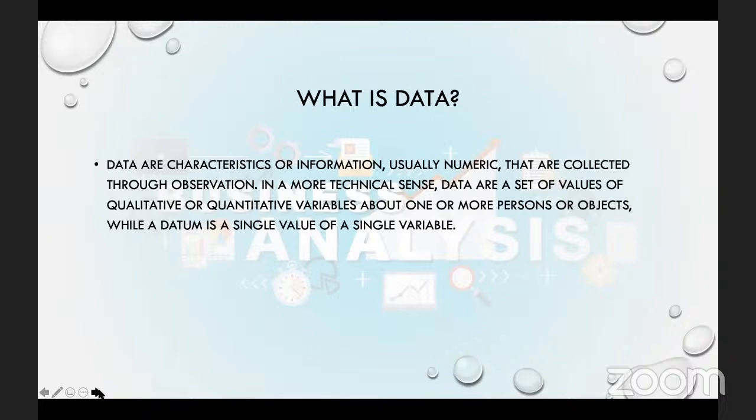Kind of technical a little bit, right? But essentially, what we're saying is that data are a set of values of qualitative and quantitative. So two things here I want you to take note.